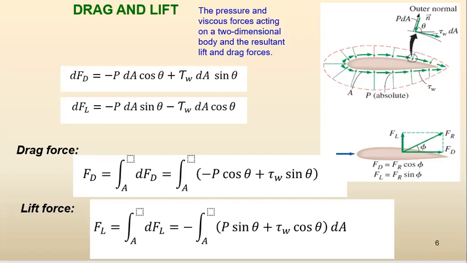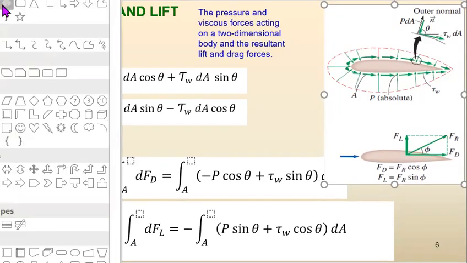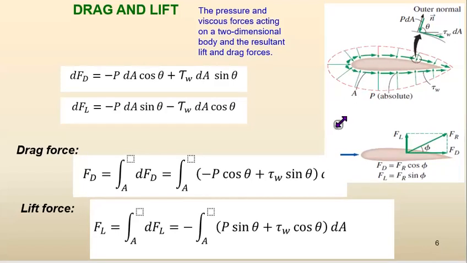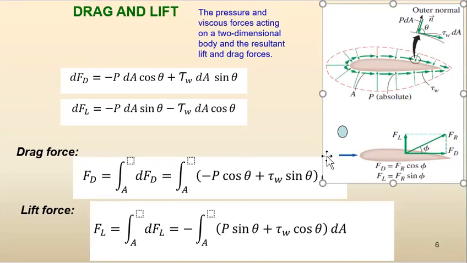The area that he or she sees is a small area, the cross-sectional area. It would be something like this, and it depends on the shape of the airfoil. If someone looks at the airfoil from the front side, this is what he or she sees, not this side.